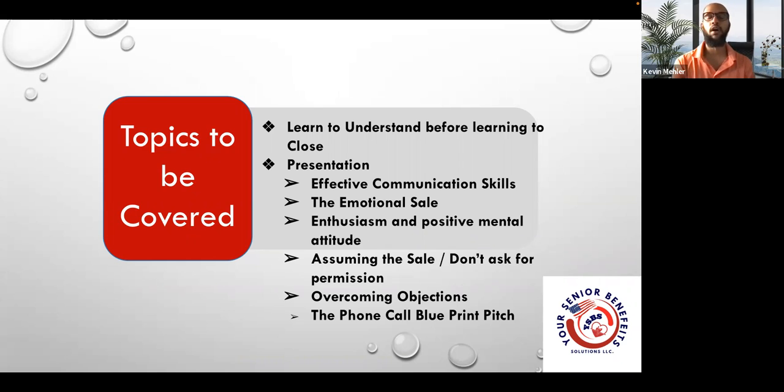And then also the purpose of the presentation, how to effectively communicate, how the emotional sale works, how to be enthusiastic and have a positive mental attitude, how do you assume the sale from the get-go, right? And don't ask for permission, more so you lead throughout the entire presentation, certain objections that you'll run into, how to overcome those, and then also some sort of a blueprint pitch for when you're on the phones.